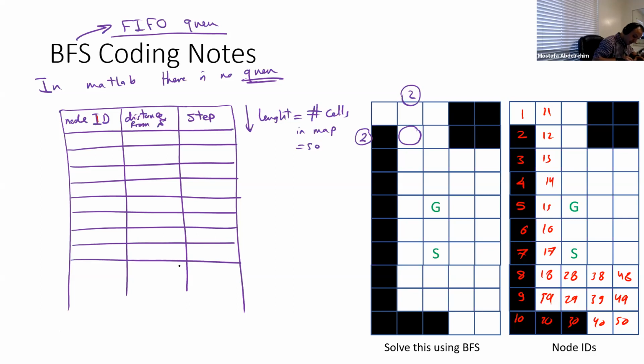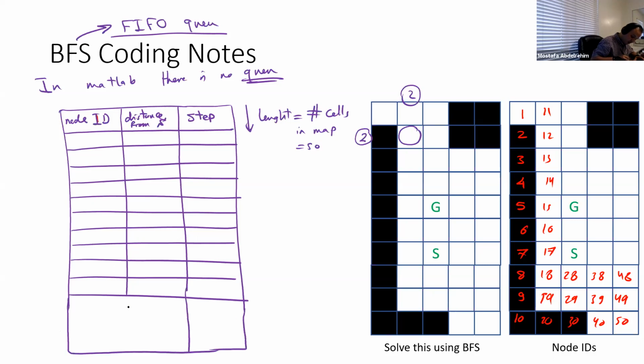We have here a very simple example because the goal is very close to the start. So as usual, the first node is the starting node, which has an ID of, if we continue, let's continue these IDs because it's very useful. So this will be 27, 37, 47.